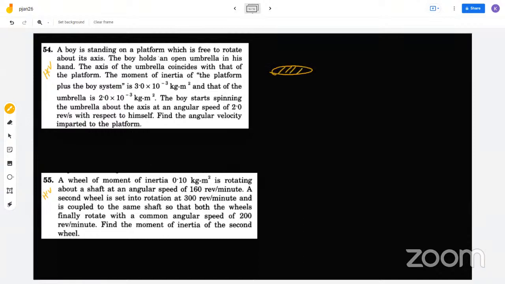So guys, see, this is a platform, boy, or ये एक system हो गया, and they have an umbrella.